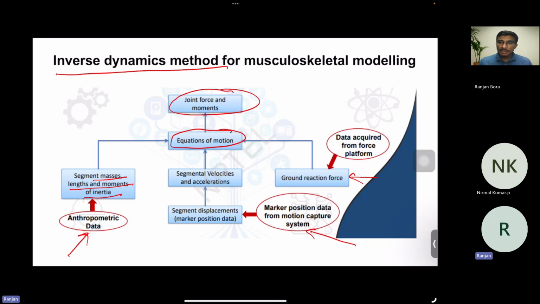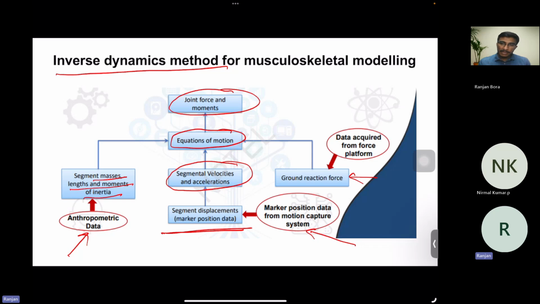So you can see the measurement system, how we can measure the data. We can measure the data in the gait lab by placing markers and using different sensors. From those data, we get these velocities and accelerations. One example today I have shown is how to calculate the velocity and acceleration using the position data and the time data.